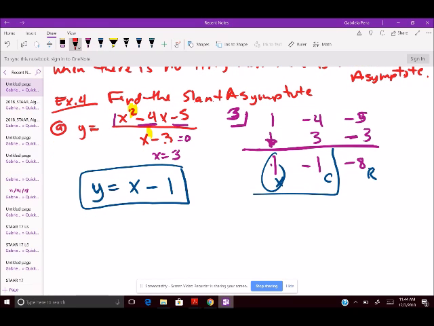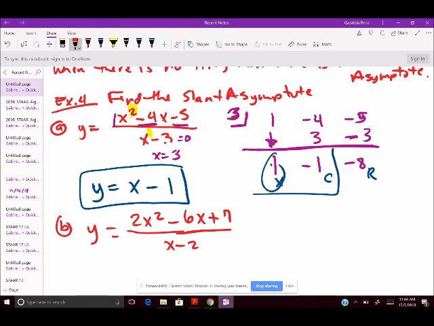So let's try one more, just to be on the safe side. y equals 2x squared minus 6x plus 7 over x minus 2. Go ahead and set it up.